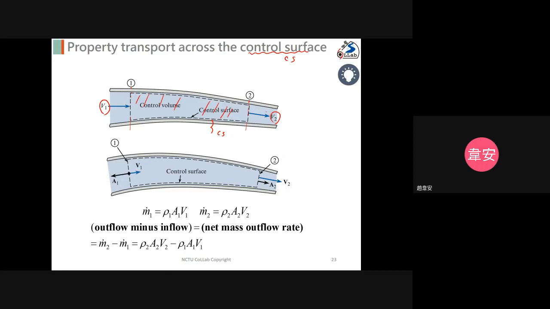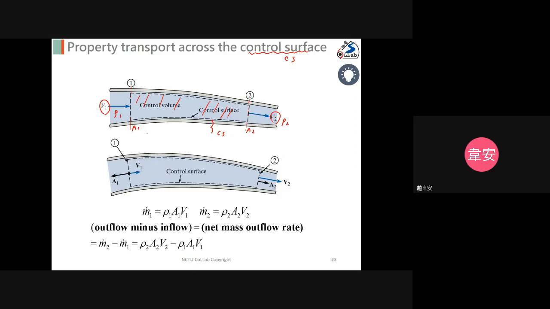We have density rho 1 here and rho 2, the cross-section areas are A1 and A2, and we assume the flow direction is parallel to the normal vectors of the cross-section areas.